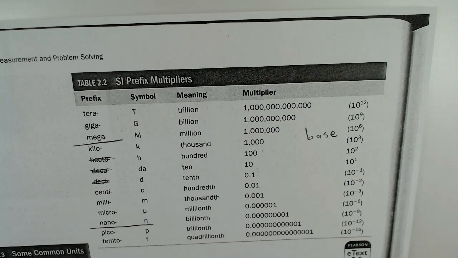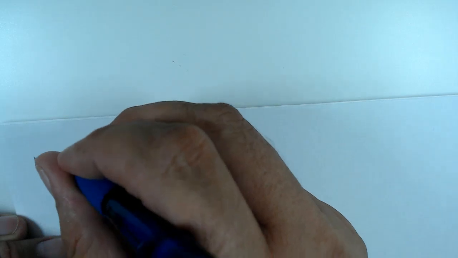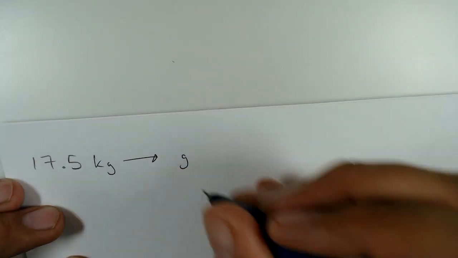And let's go ahead and start off with the little conversion problem and how we do conversions. So what if we have, let's say, 17.5 kilograms, and I want to convert that to grams.